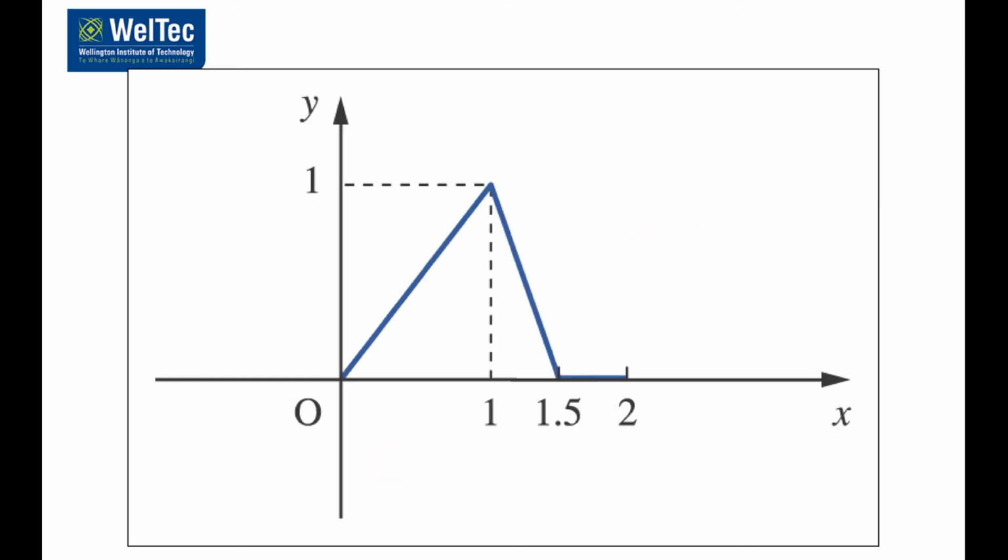Let's play around with a slightly more complicated graph and make it periodic and give it different periods and make it even and make it odd. Okay, so the function goes from 0 up to 1, and down to 1.5 and then along. So that's our basic function. So to start off with, let's make it just periodic with a period of 2. So start off with our basic one.